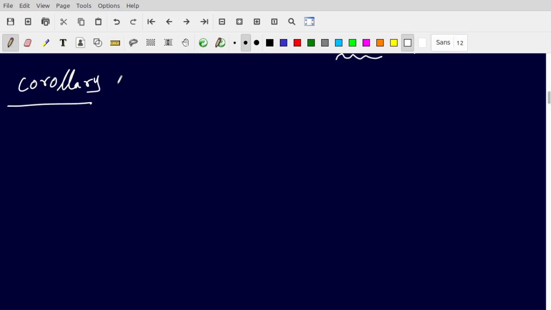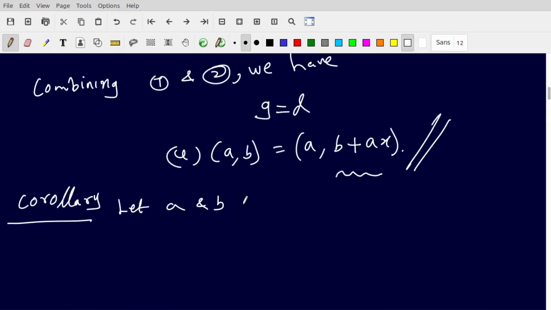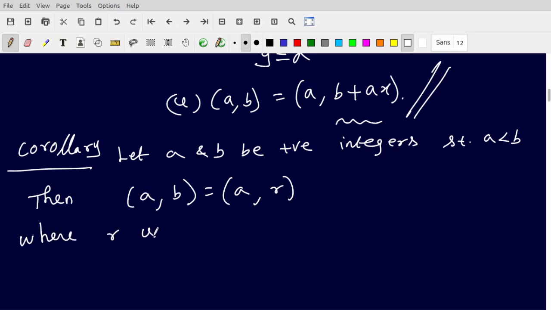Corollary: let A and B be positive integers such that A is less than B. Then the GCD of A comma B can be written as the GCD of A comma R, where R is the remainder.